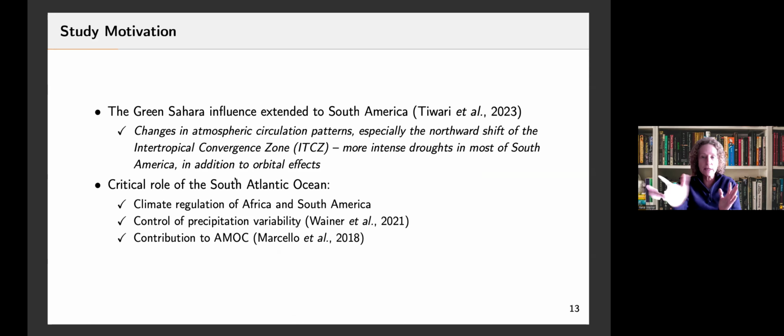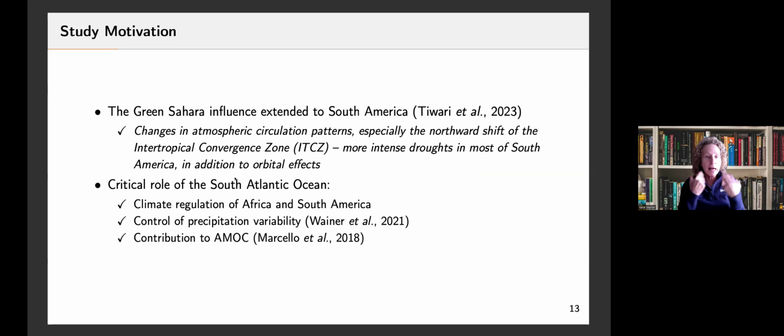And this was a recent paper in 2023, which shows that changes in the atmospheric circulation patterns, especially the northern shift of the ITCZ, where you have most of the tropical rain, cause intense drought in most of South America, mostly in Northeast and North Brazil, in addition to these orbital effects. And this is in South America, but because the ITCZ moves north, you have more rain in the West African region, enhancing the vegetation and the hydroclimate over there.